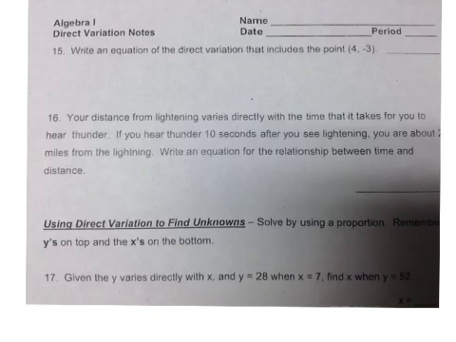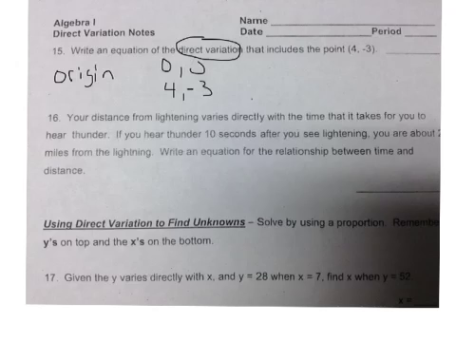Okay. This next one says write an equation of direct variation that includes 4, negative 3. So it looks like they don't give us very much information, but what we do know is that all direct variations go through the origin, and the origin is a second point. So if I do stat edit with these points, this is L1, this is L2, stat 1, for the x's I put 0 and 4, and for the y's I put 0 and negative 3, stat calc 4, enter.